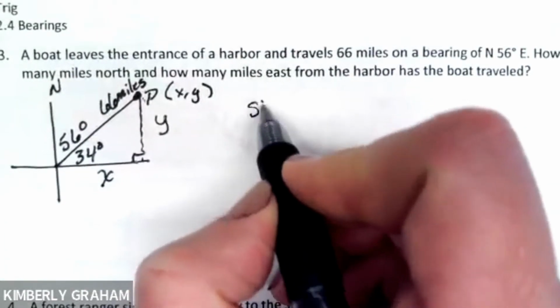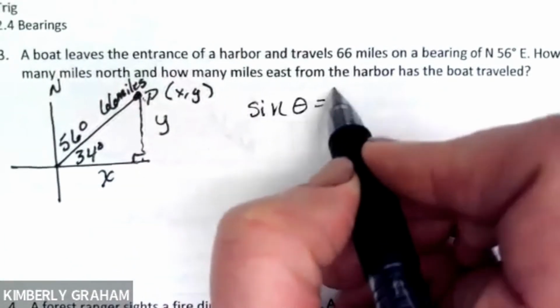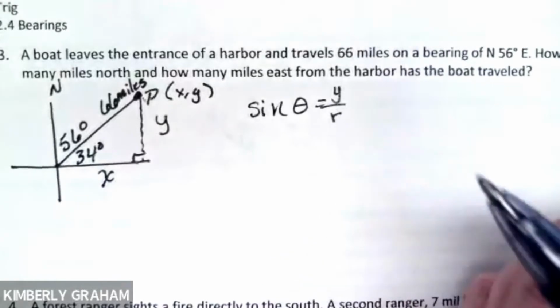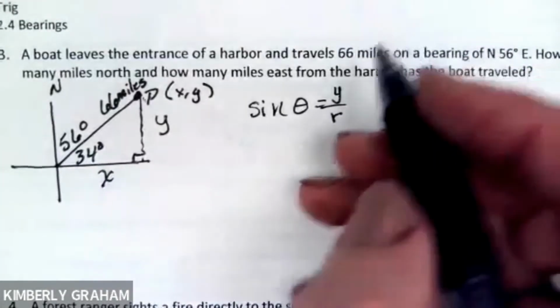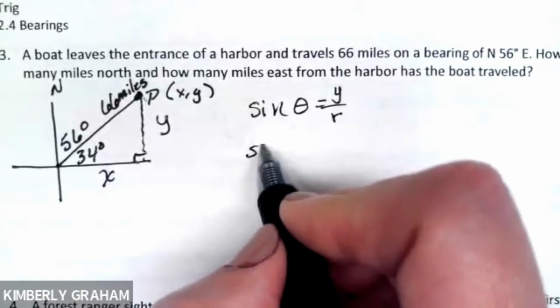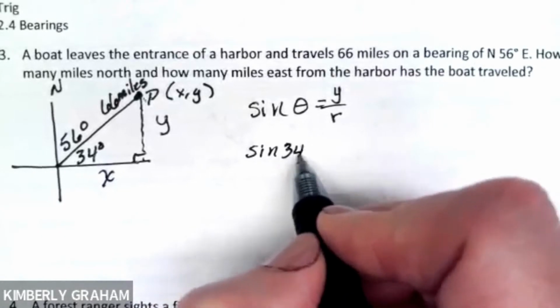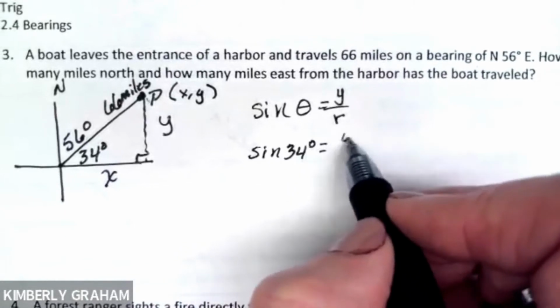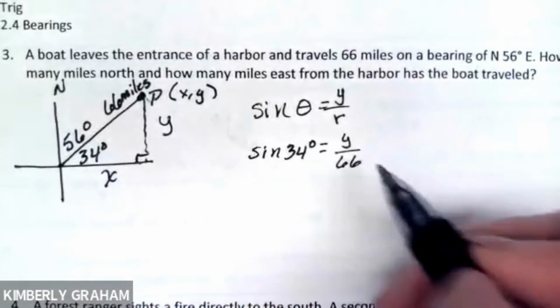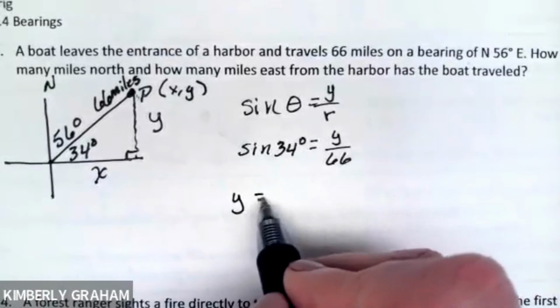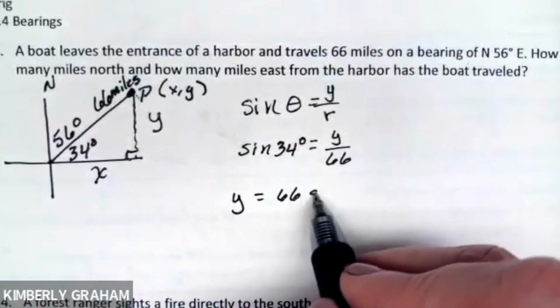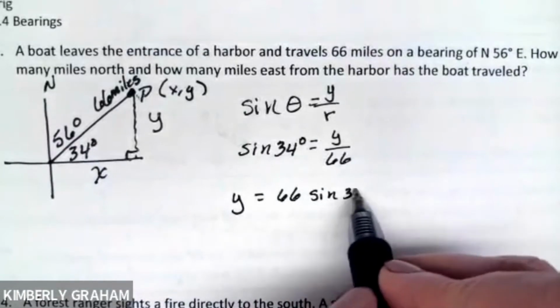I'm going to actually write this. Sine theta is y over r, where r is my radius, or in this case, my hypotenuse. So I have the sine of 34 degrees equals y over 66. So y is going to be 66 times the sine of 34 degrees.